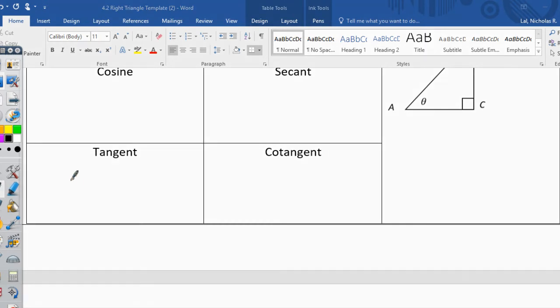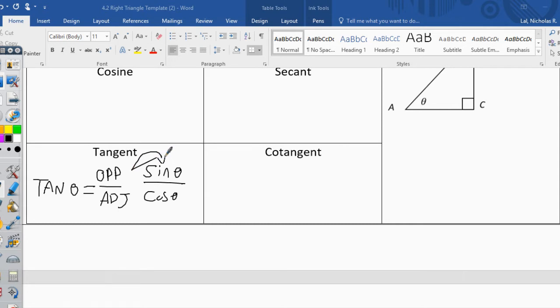All right. Tangent of theta, that is the opposite over the adjacent. This is equal to the sine of theta over the cosine of theta, by the way. And the cotangent of theta, that's equal to the adjacent side over the opposite side.